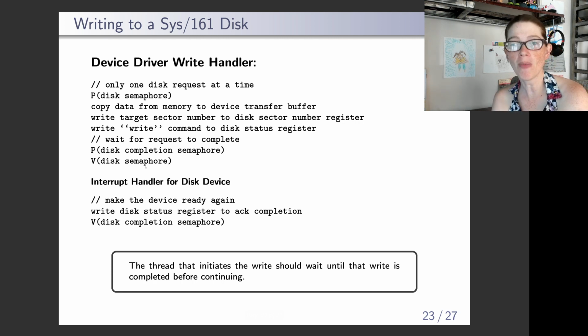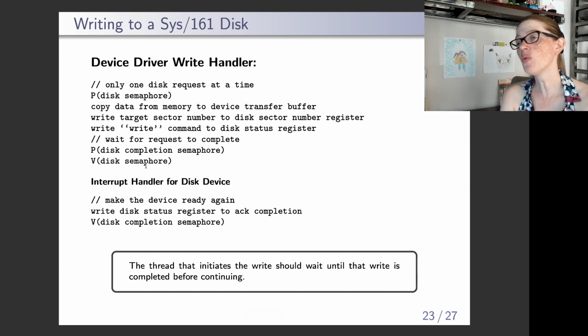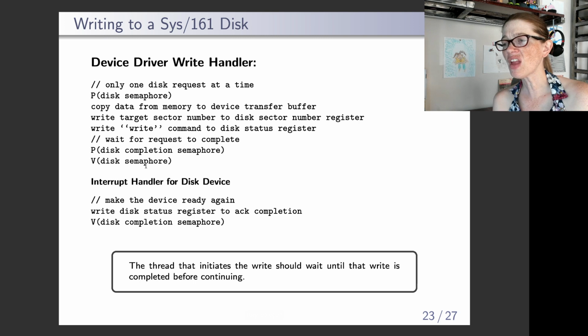Disks do not support multiple reads or multiple writes or reads and writes at the same time. One at a time, single file. So we need to offer some synchronization in our device driver to make sure that only one I/O operation is happening at a time. So we'll introduce a semaphore called the disk semaphore that's going to protect our lovely little disk.